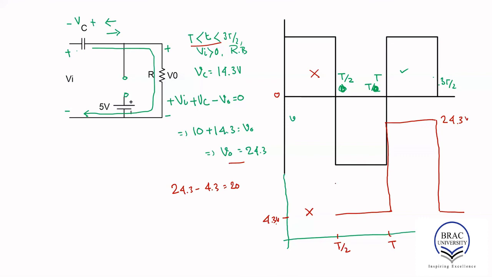So minus 10 has become 4.3, and 10 has become 24.3. That means we have pulled it up by 14.3 volt. So that is our clamper.